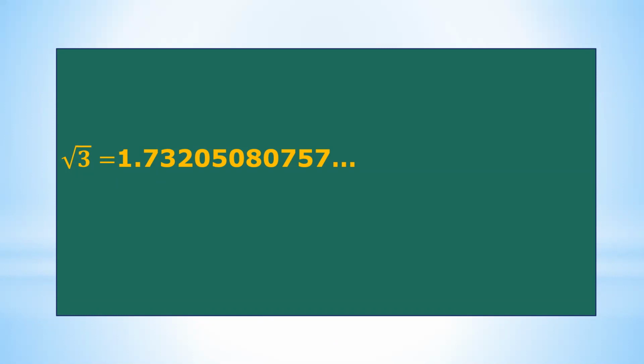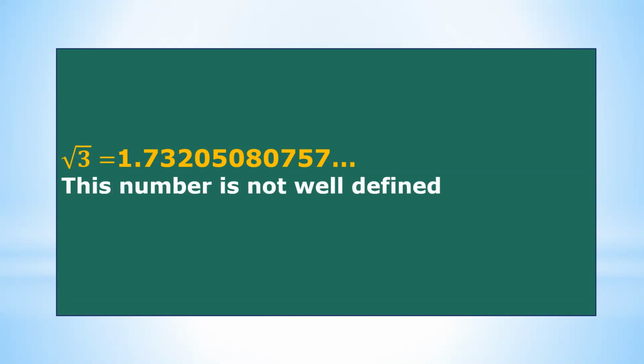There's no such way. So this means that square root 3 cannot be defined just using decimals. It cannot be defined as a decimal number. So that's the issue with irrational numbers, and that's why we need to build the theory for irrational numbers.